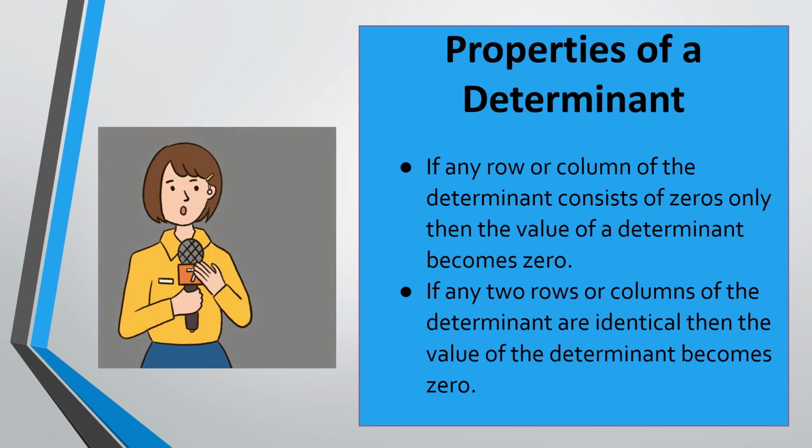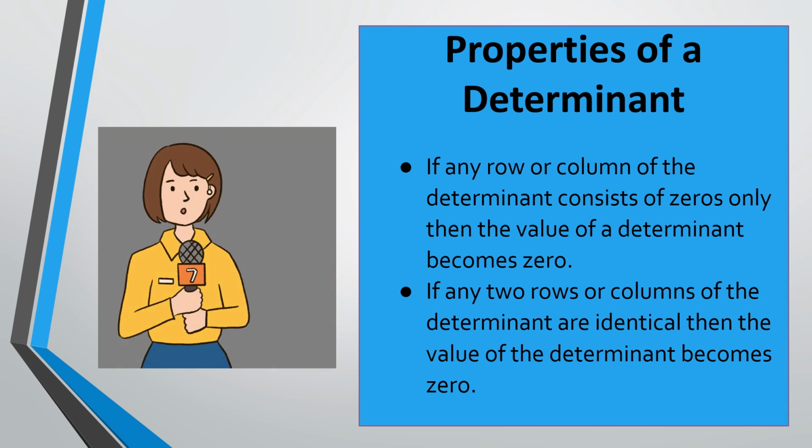If every element in a row or column consists of the sum or difference of two quantities, then the determinant can be expressed as the sum or difference of two determinants of the same order. If each element in a row or column of a determinant is multiplied by the constant k, then the value of the new determinant is k times the value of the original determinant.